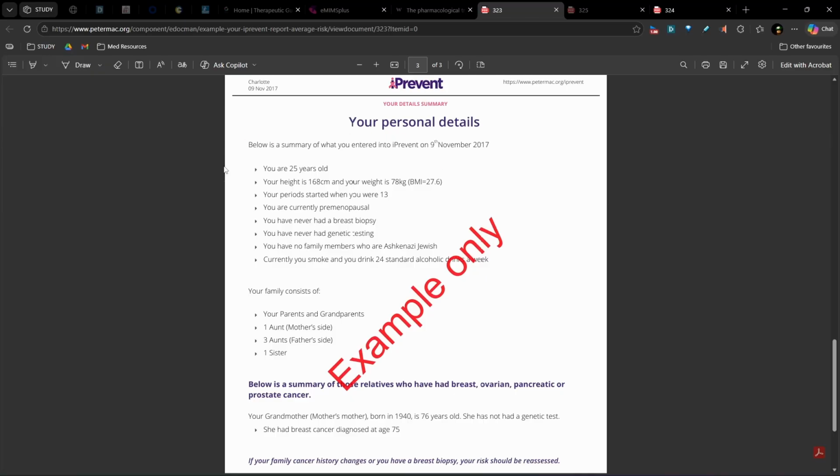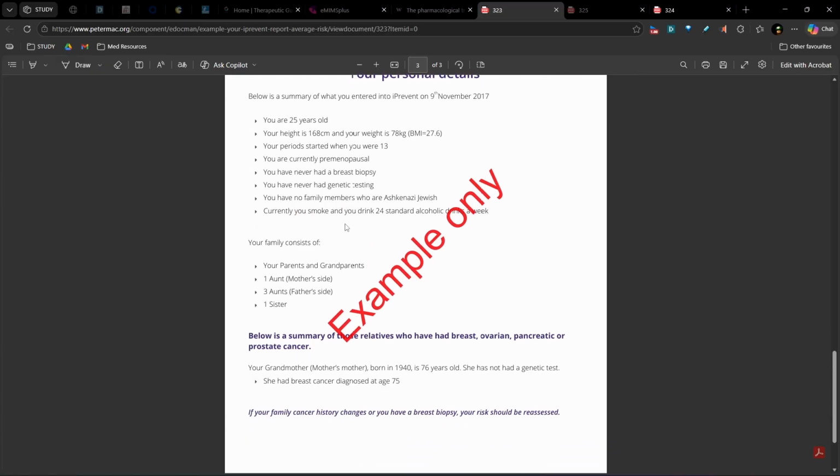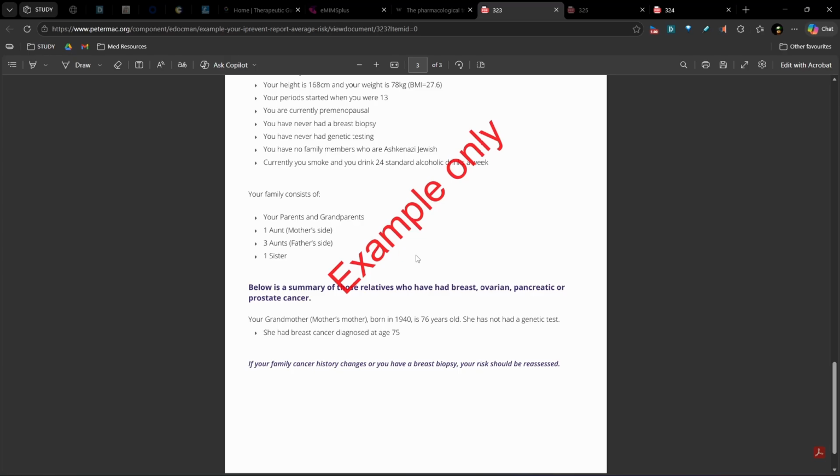So for this, the patient has put in their details, so their age, their BMI, their age of menarche, their menopausal status, whether or not they've had any breast investigations or genetic testing, and their lifestyle factors such as any smoking or alcohol, which in this case the patient smokes and drinks 24 standard drinks a week. They put in their family history and family members who have either breast, ovarian, pancreatic, or prostate cancer.